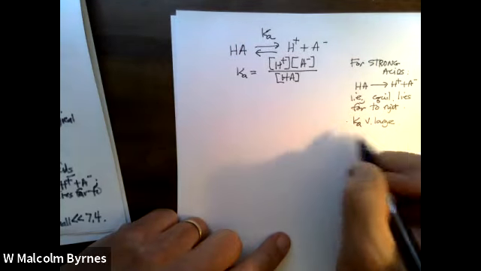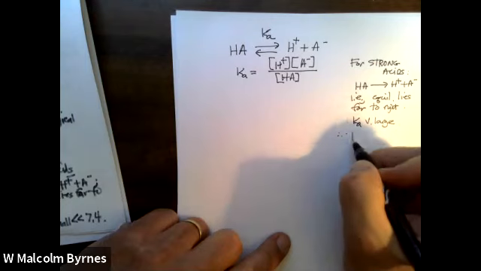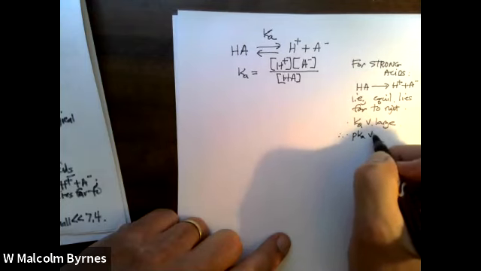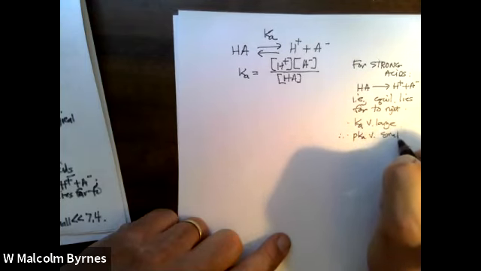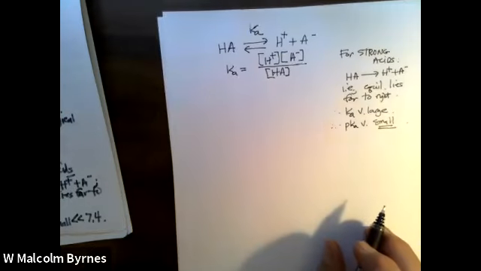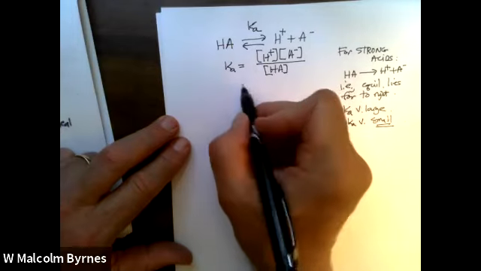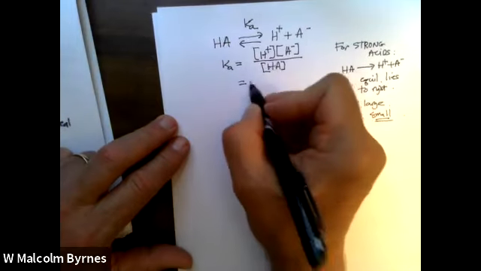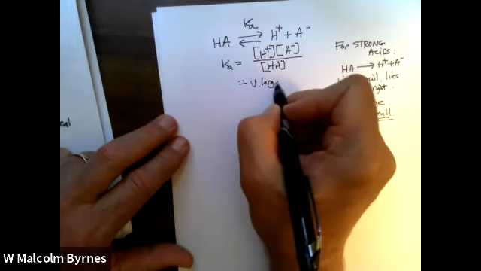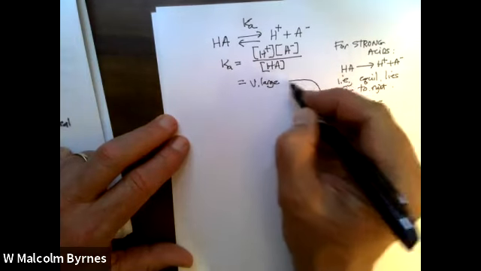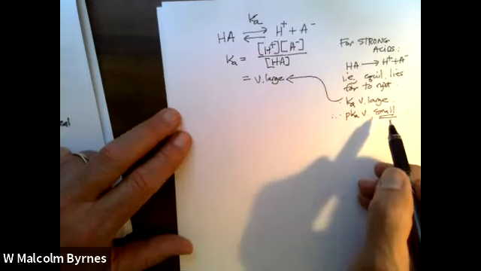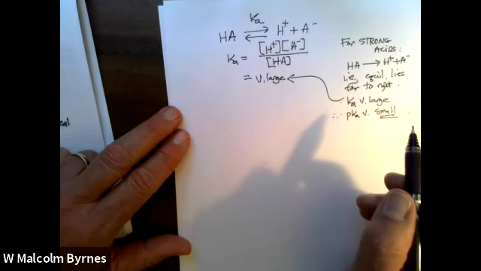And if Ka is very large, therefore, pKa is very small. Okay, so this Ka here is very large, and the pKa, which is the minus log of that, is very small.